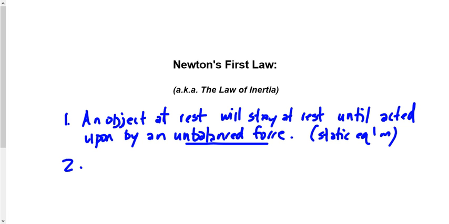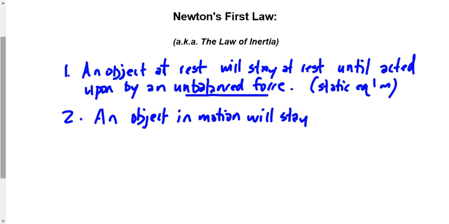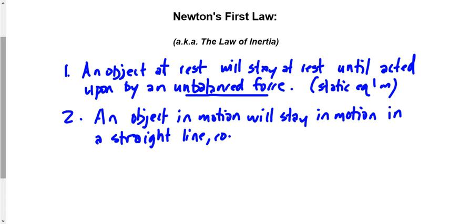And of course, the second part of it is an object in motion wants to stay in motion. We'll stay in motion, but not just any random motion, in a straight line, constant speed.